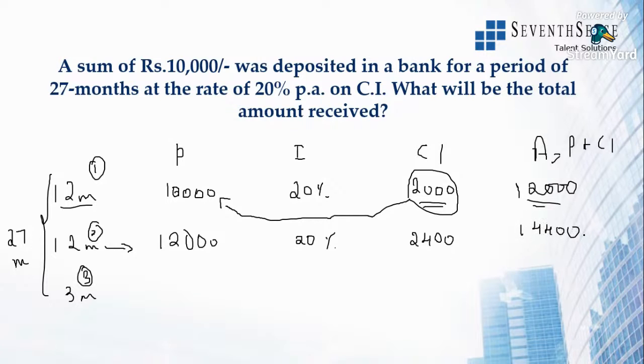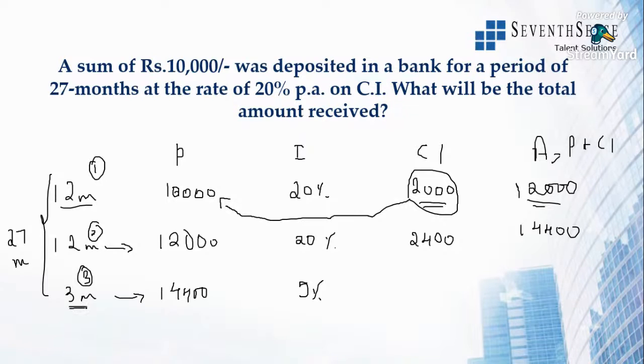It will be 14,400. Now this amount will be the same for the third phase, 14,400, but remember the interest here is 5% only, because it is calculated on a per quarter basis.